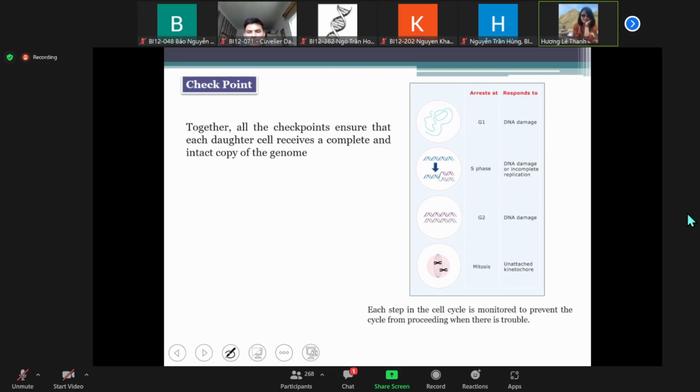When they need to move from G1 to the S phase, they need to check if there is any DNA damage. In the S phase, the synthesis phase, the DNA multiplies into 2. They need to check also the DNA damage or incomplete replication. So only the cells that have conserved DNA are complete or divide.